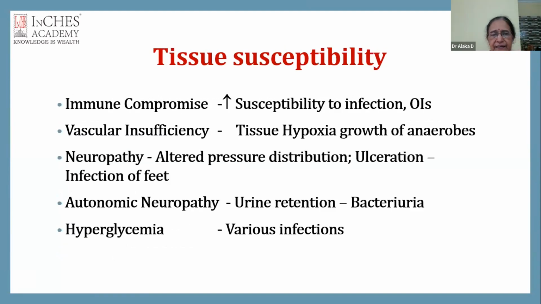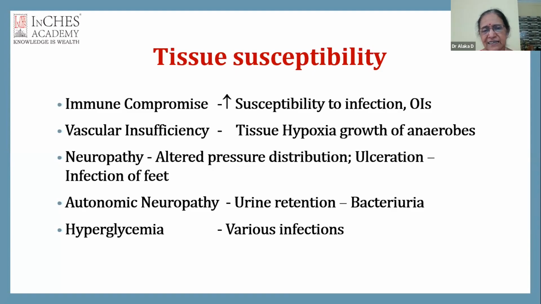In addition, the tissue susceptibility to infection increases in diabetes. In the good old days, all the old people knew that a diabetic patient is prone to infection because there is a lot of sugar in his blood, and blood is everywhere in the body.